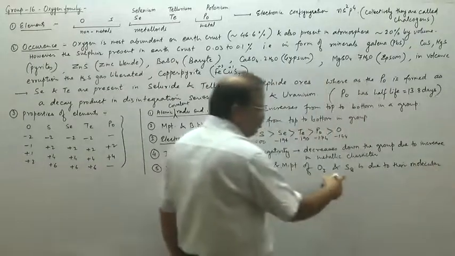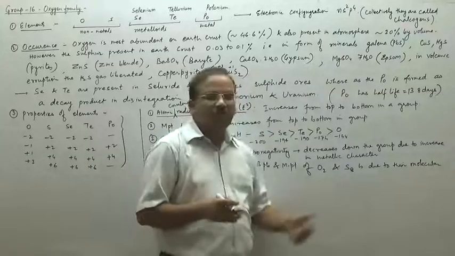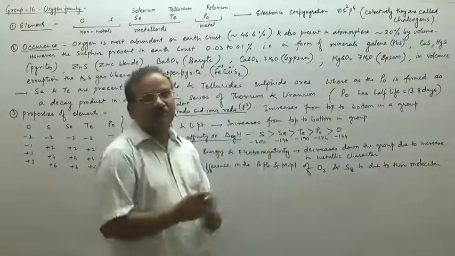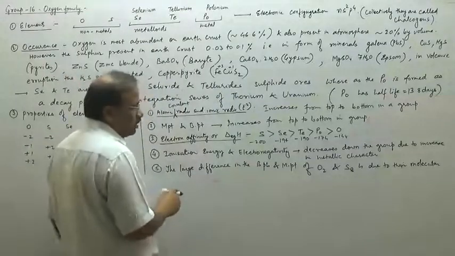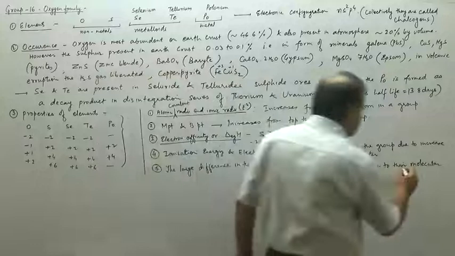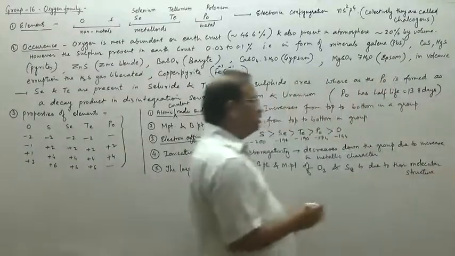There will be more van der Waals forces between them, because sulfur exists as S8, so there is more attraction between the molecules of sulfur. It is due to their molecular structure, that is what we used to say.